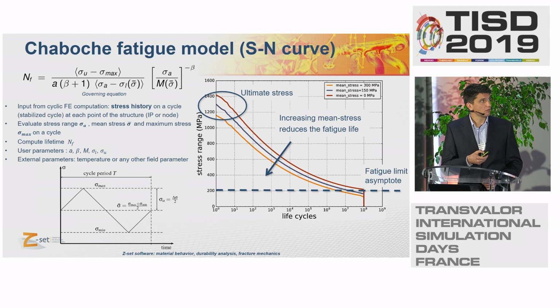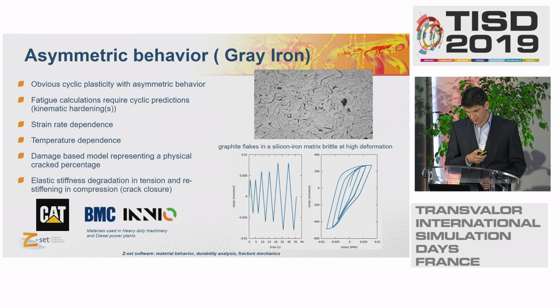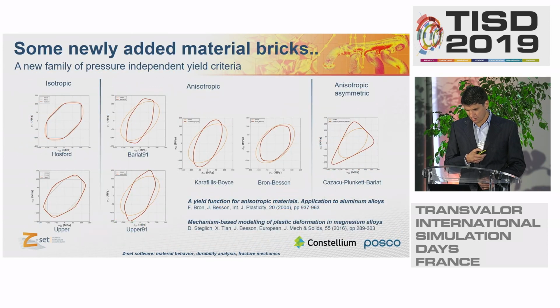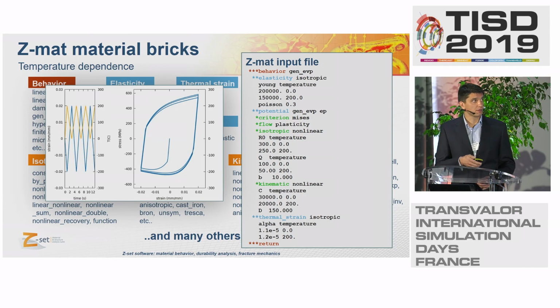I can go back to my presentation maybe very quickly. So here you have the input file. It will be exactly the same approach that we use for Abaqus and other software. So you will have an input file for Zmat, and Forge provides a user interface. You know about it, so you can already implement user material models in Forge.